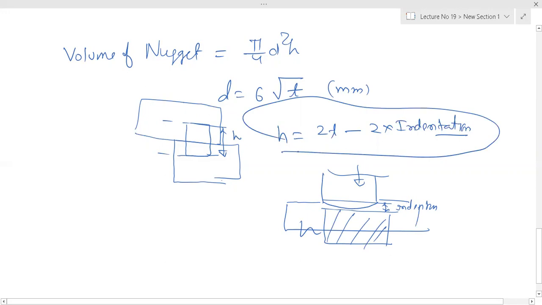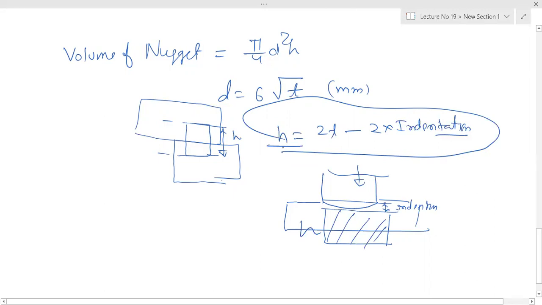It is all about your problem description. If the problem clearly says to take the height of the nugget as 2 times the thickness, then take 2 times. But if it is not said, and suppose they tell you there is 5% indentation, then you have to calculate H first.